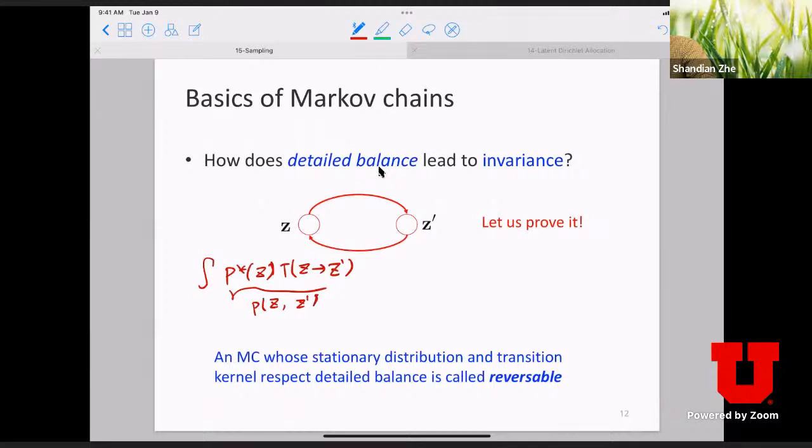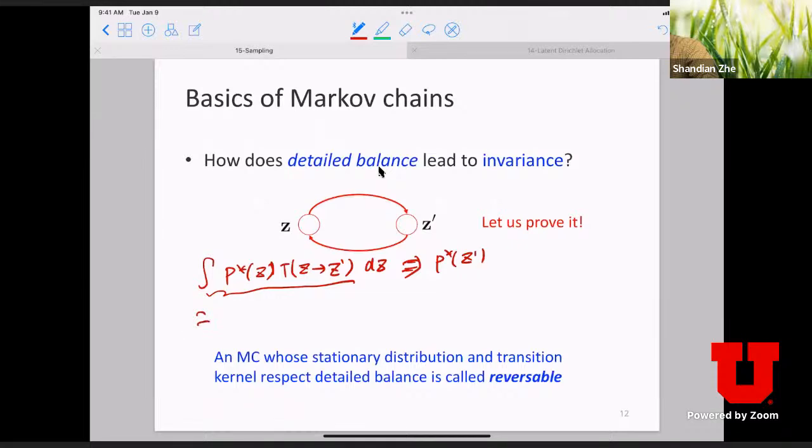If you look at the marginal distribution of Z prime, that means you have to marginalize out Z. This marginal distribution should be the same, still P star. So if detailed balance is satisfied, let us see how this marginalization leads to this.